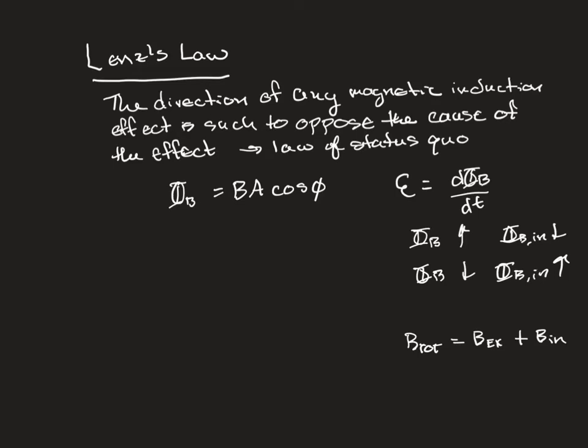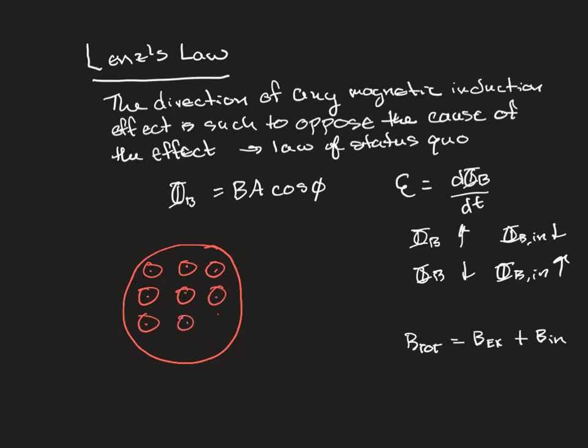So let's look at an example of this because there's a lot of moving parts to take in. So imagine that we have a loop and it has an external field passing through it, and that magnetic field is increasing in strength. Not changing direction, the area of the loop is constant, but the magnetic field is increasing.